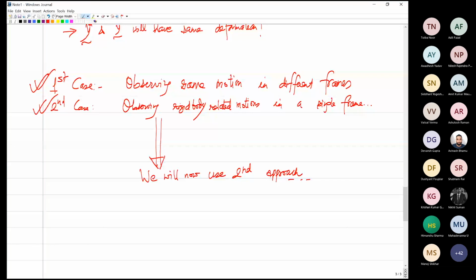Okay, so now comes the definition for objective quantities. And on the side, I will just draw those y and y stars.